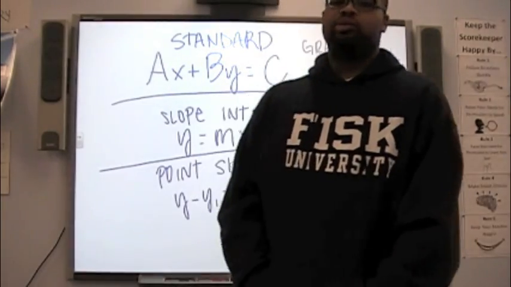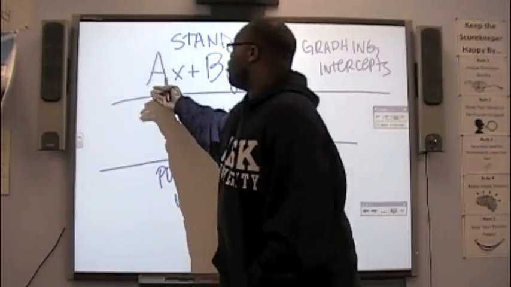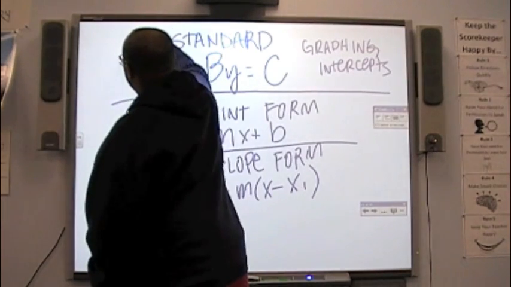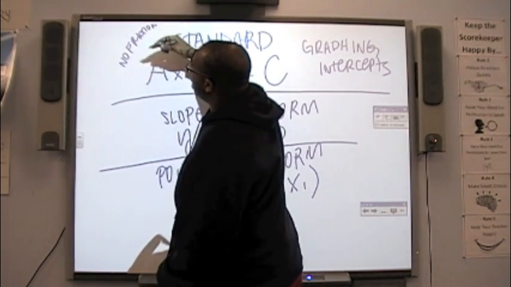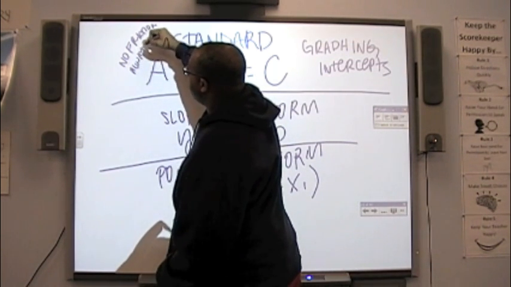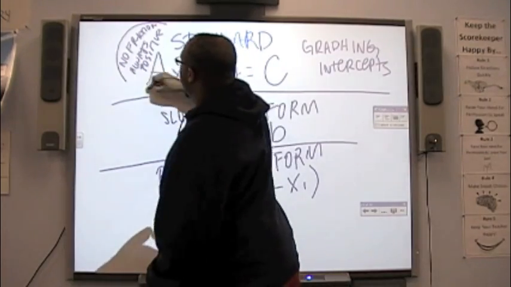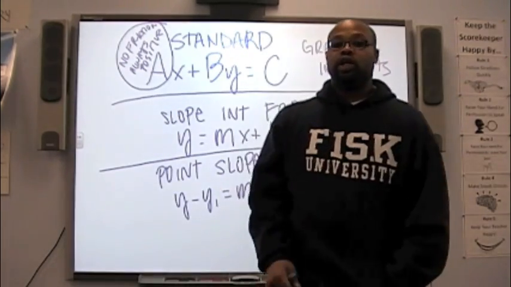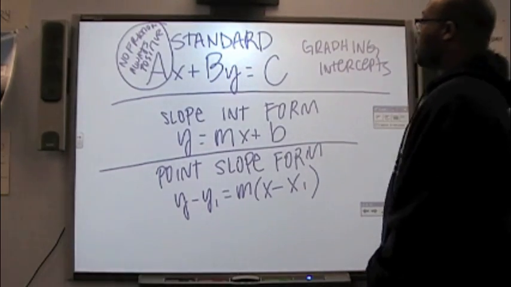And it looks nice because there are no fractions in standard form. A is never negative. No fractions, or what we call no rational numbers, and A is never negative, so we'll call that always positive. That's A, the coefficient of x. It's always positive and it's not a fraction.